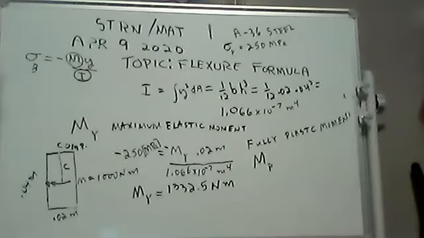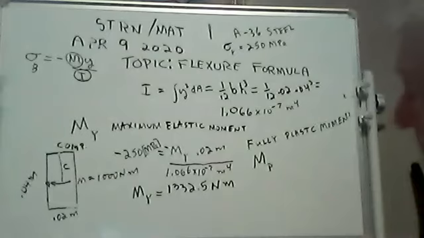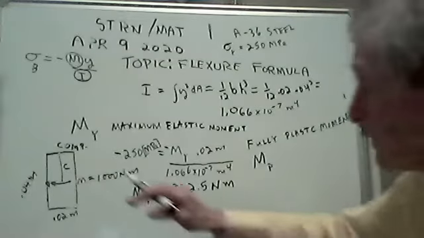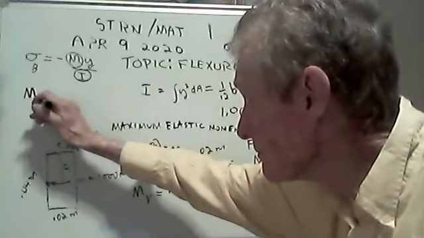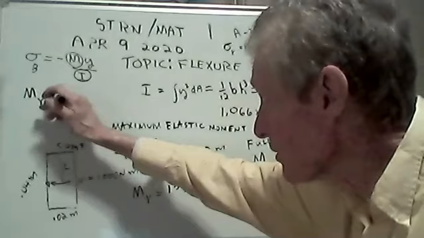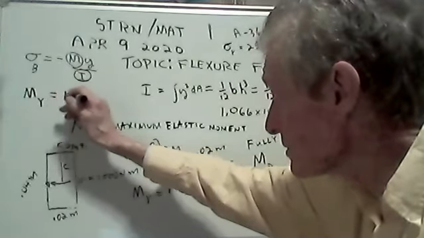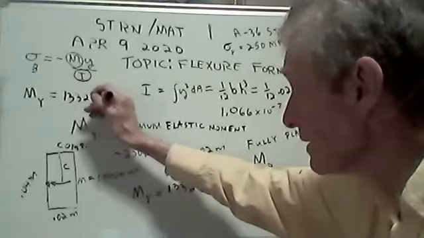Okay, well, I hate to erase all that wonderful stuff, but we got to do the fully plastic moment now. Why don't I make a little table over here? The maximum elastic moment we decided was 1332.5.